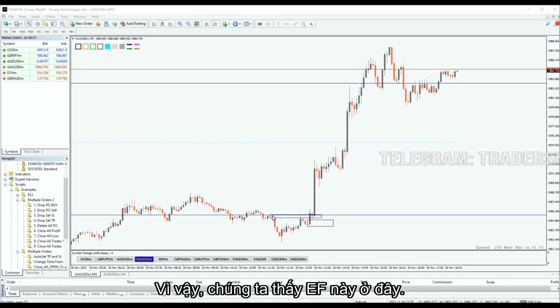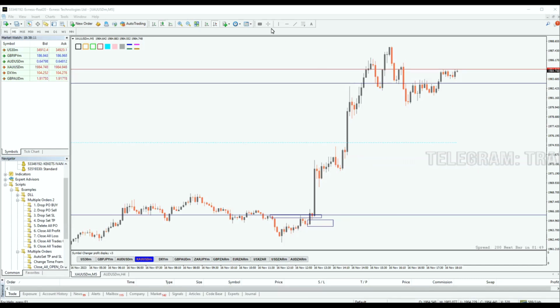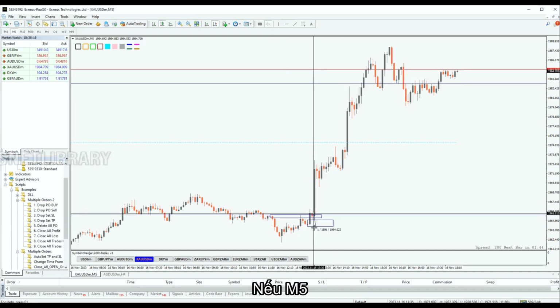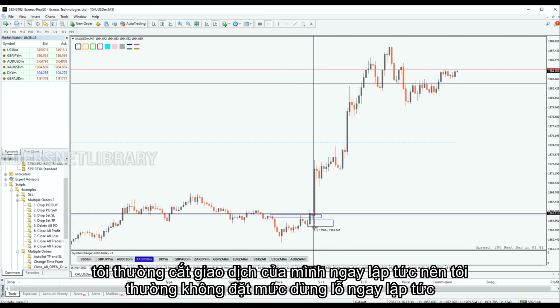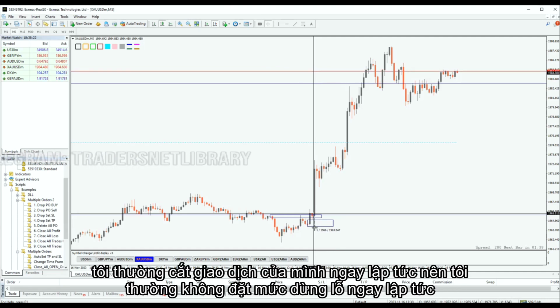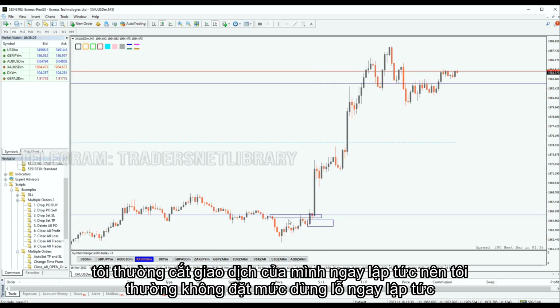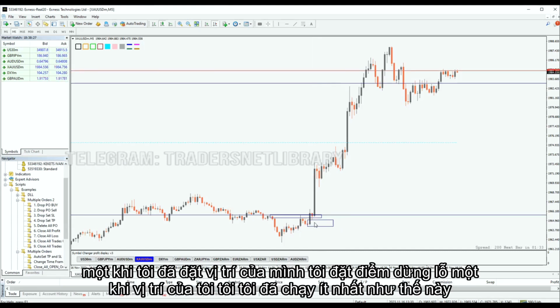So we see this EF here, and this EG buy. If an M5 candlestick closes below this, I normally cut my trade right away. I normally don't put a stop loss immediately once I put my trades. I put my stop loss once my trades have run at least like this.